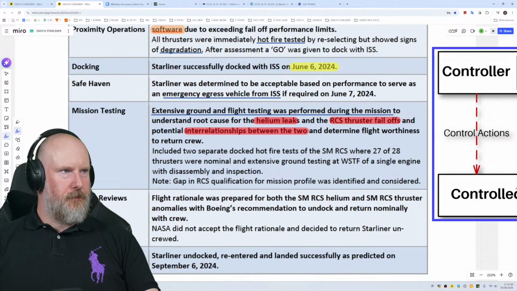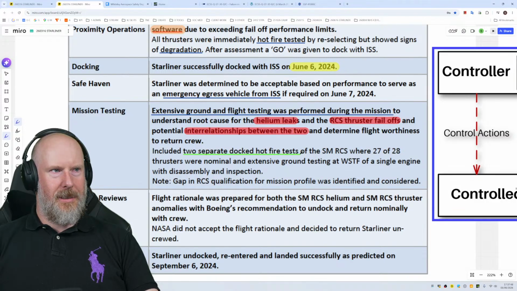It included 2 separate docked hot fire tests of the service module RCS, where 27 and 28 thrusters were nominal, and extensive ground testing at the White Sands test facility of a single engine with disassembly and inspection.